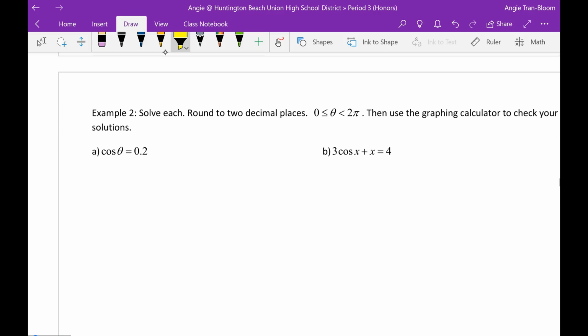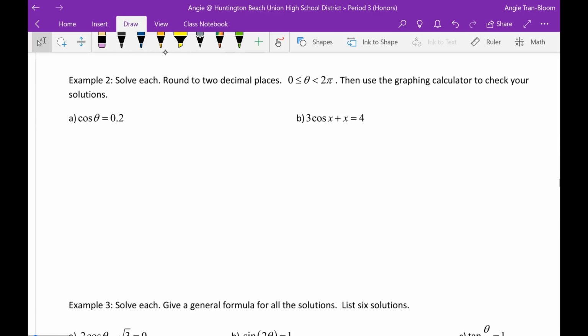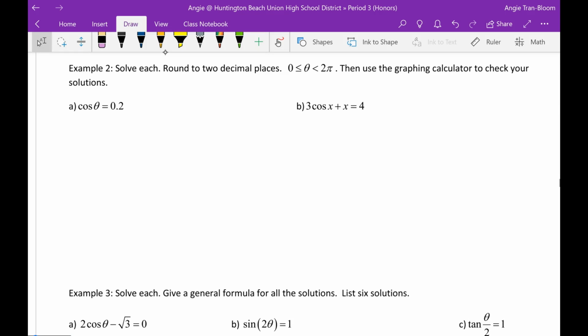All right. Bust out your calculator. I want you to use your calculator to solve A. Round to 2 decimal places, if you dare.